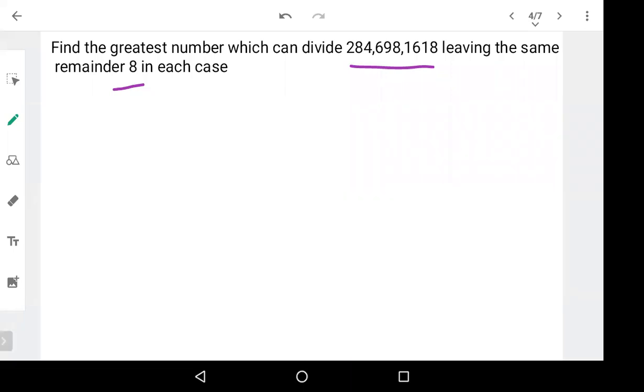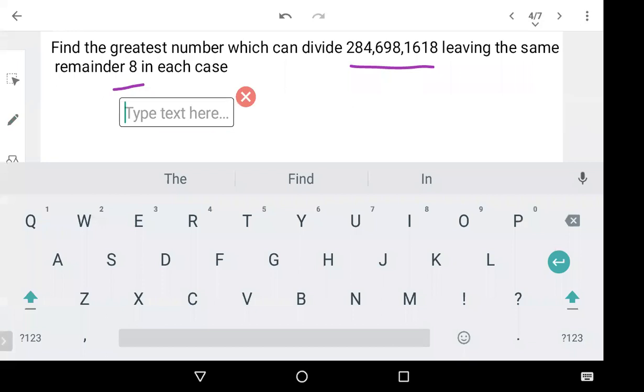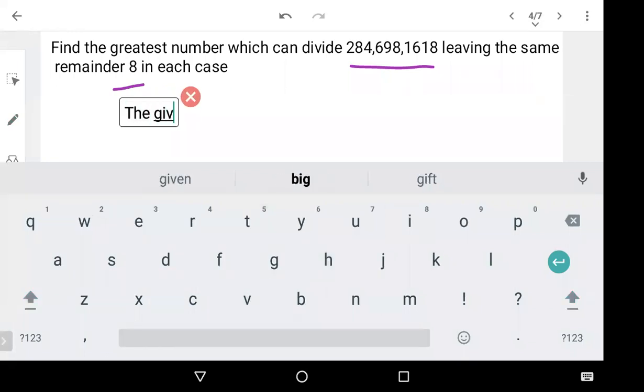Now in such problems, step number 1 is to write whatever is given to us. The first step is to write down whatever numbers we have.